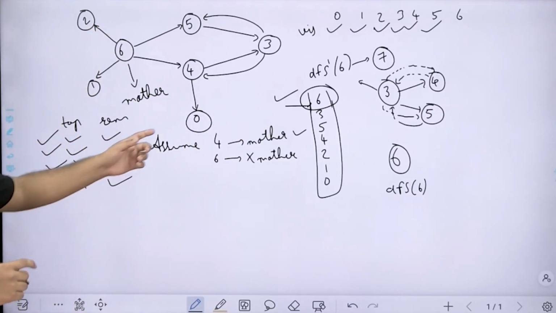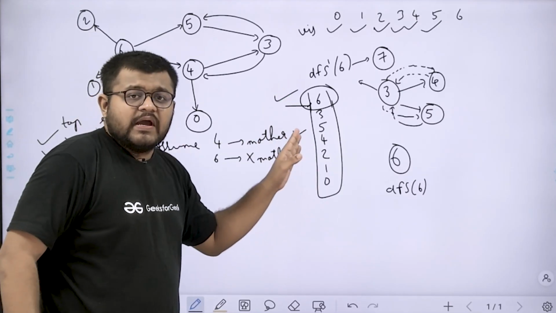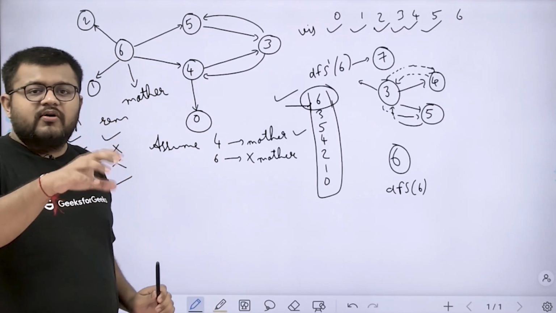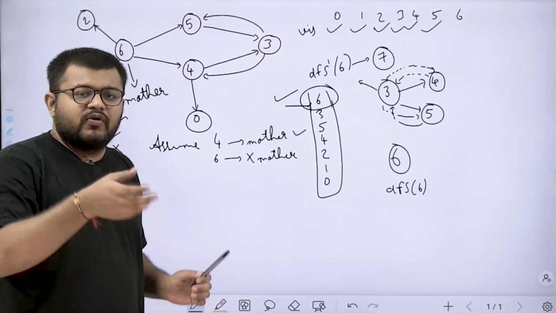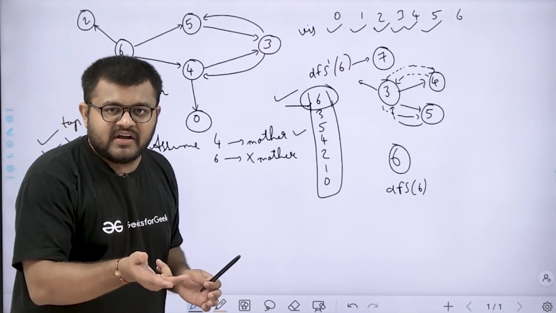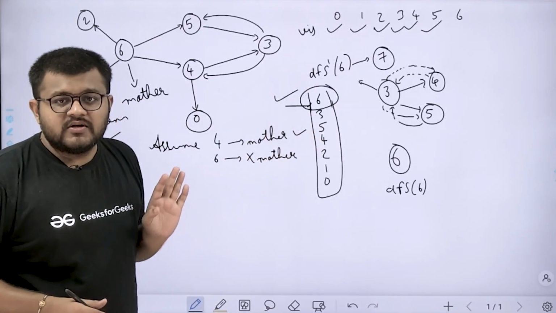Now if this is true, understand this: how did we fill this stack? From 0 to V minus 1 we traversed, and whenever we saw a vertex which was not visited before, we started a DFS from that vertex and marked all the vertices which were connected to it. And during the backtracking we pushed the elements into the stack.